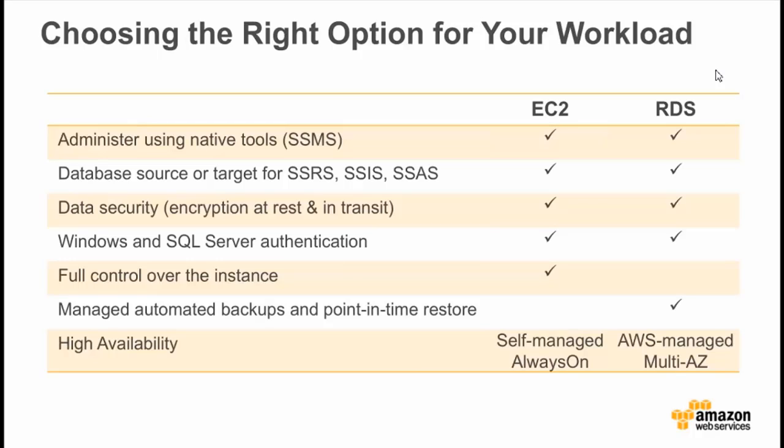On the other hand, RDS provides automated backups with point-in-time restore, consistent configuration management via parameter and option groups, and automated patching. For high availability, you would manage your own Always On availability group clusters in EC2, whereas RDS provides a fully managed solution.